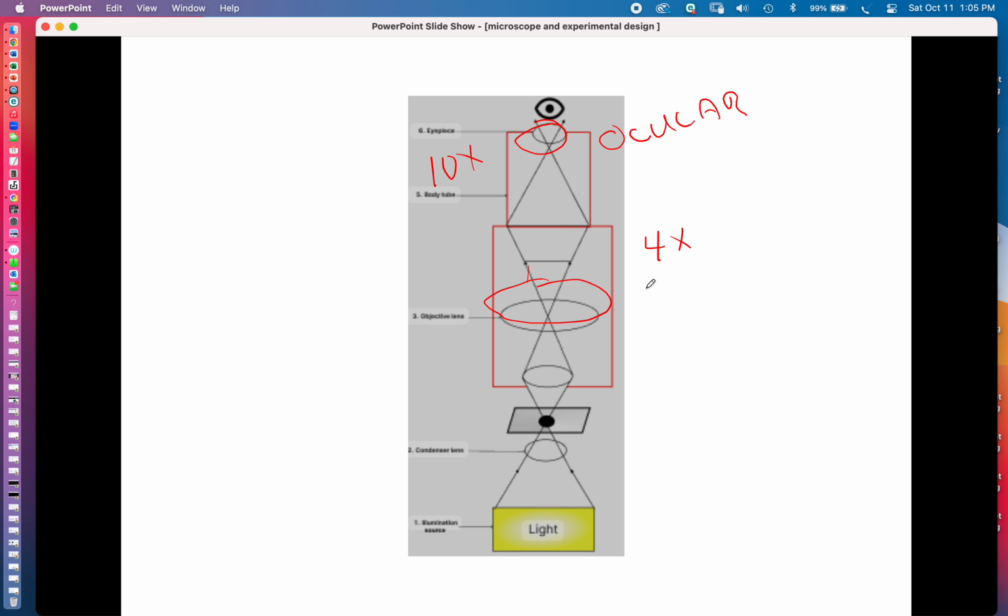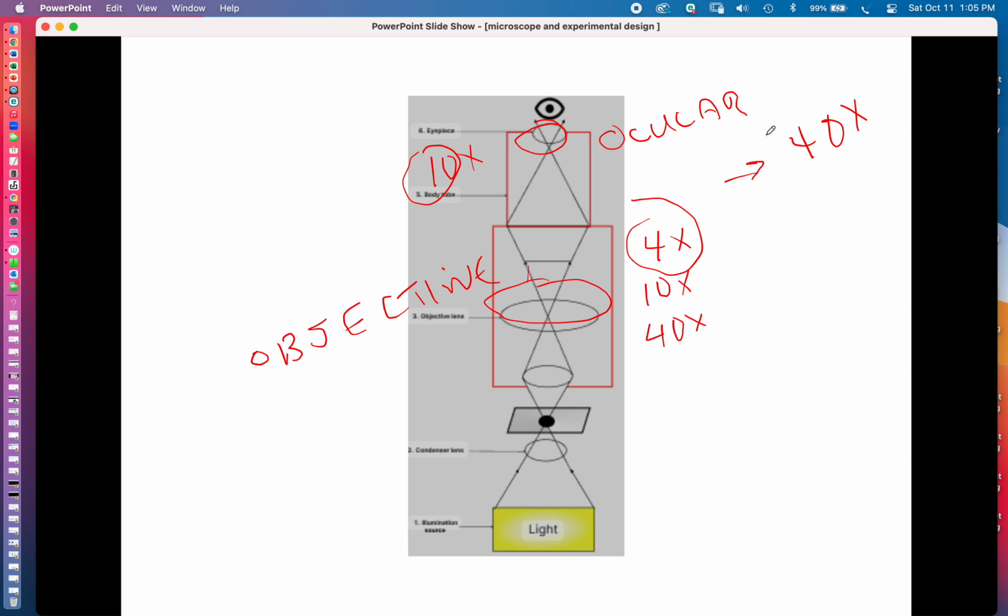I think we had 4x, 10x, 40x. And to get the total magnification, you multiply the 2 magnifications together. So we would have at low power 4 times 10, a total of 40x, 40 times magnification.